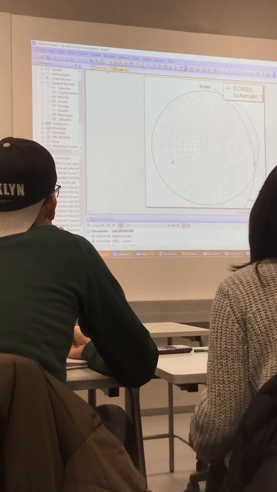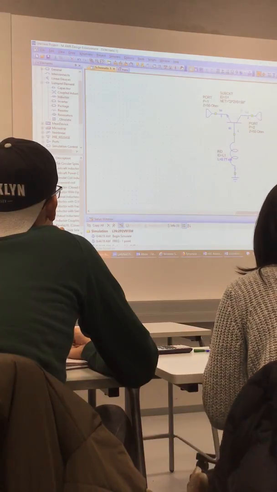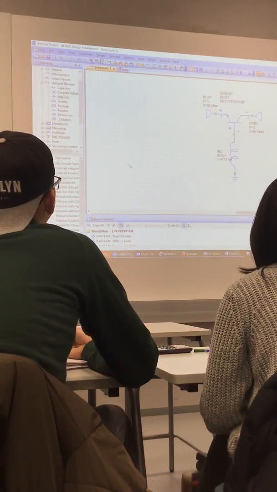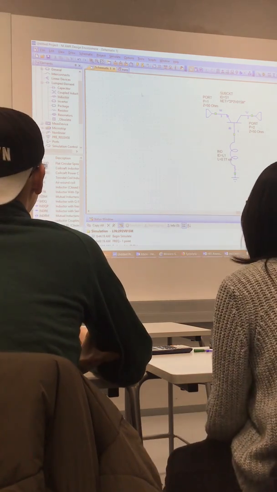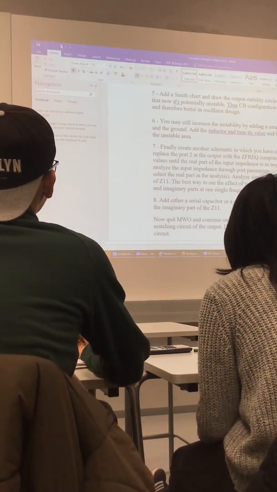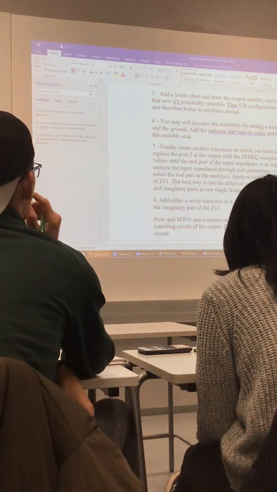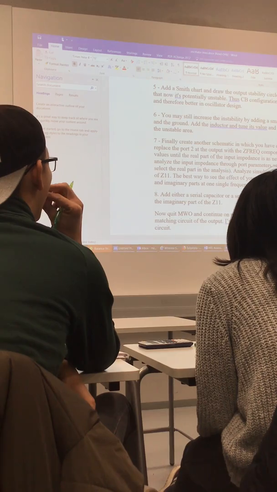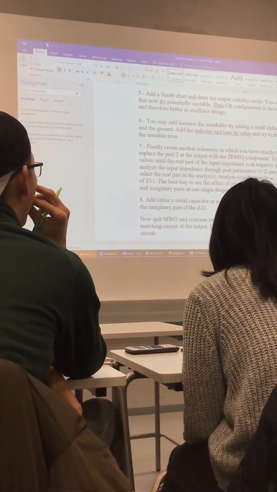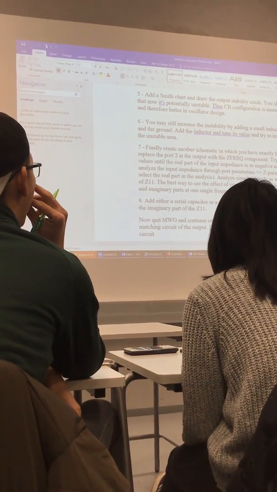Then I'll just select this. Now it's 0.77 nanohenries, completely okay. And then I'll just check what I asked myself to do next. Finally, create another schematic in which you have exactly the same circuit.